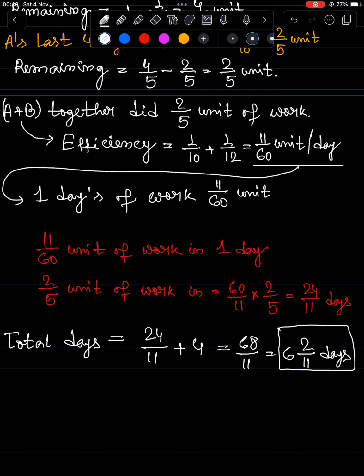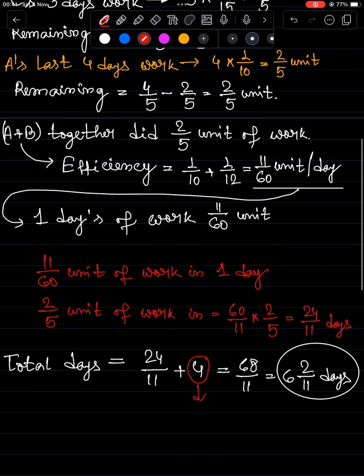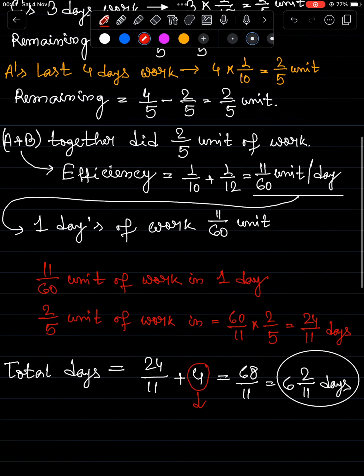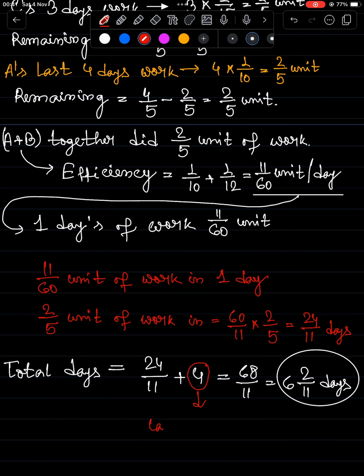In mixed fraction it is 6 whole 2 by 11 days. So the total work will be done in 6 whole 2 by 11 days. And here, the last 4 days of work done by A.